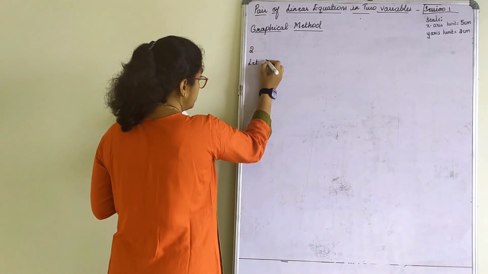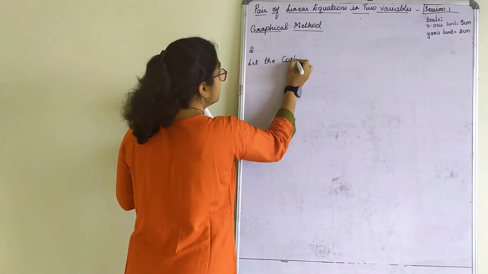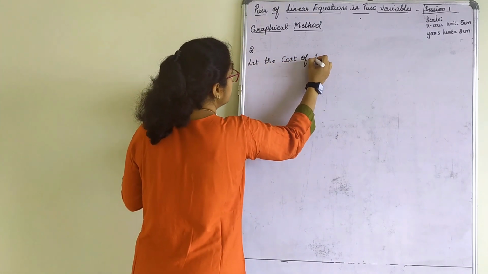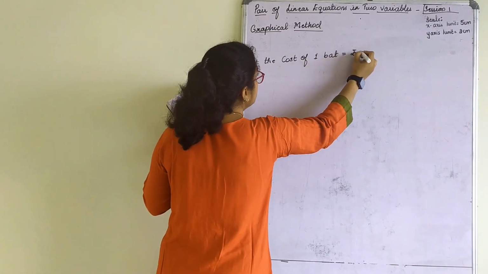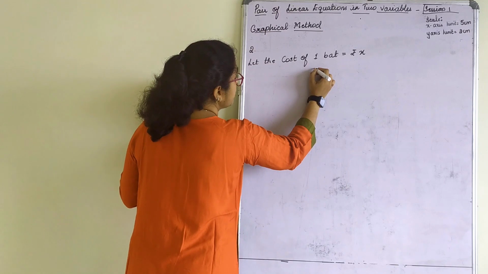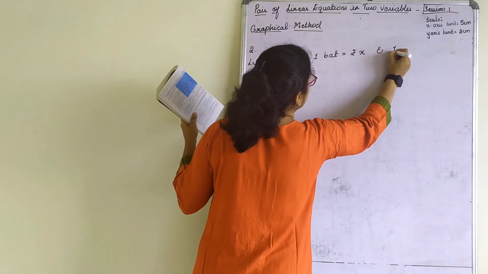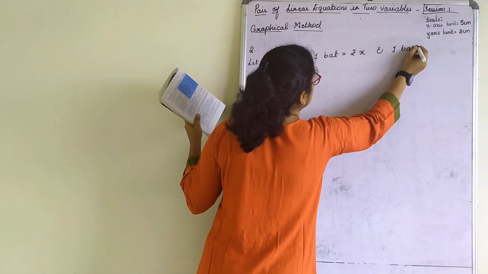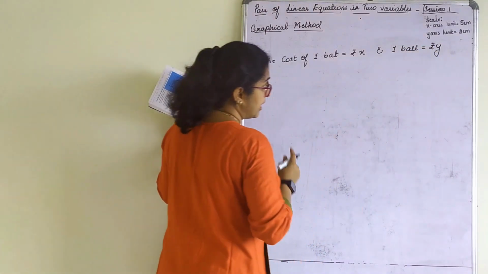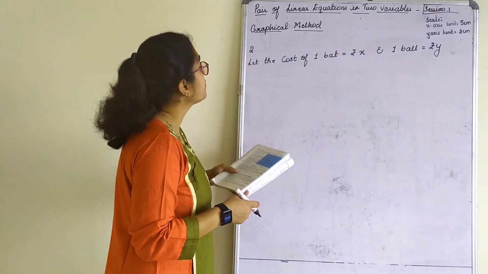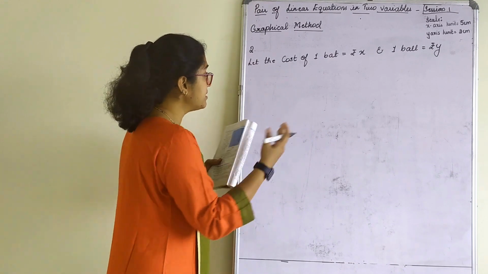Let the cost of one bat be rupees x and one ball be rupees y.